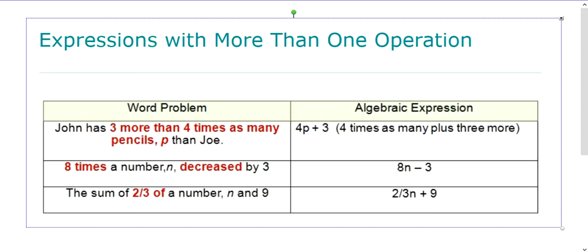Okay, that one's kind of hard, but let's look at this next one here. 8 times a number decreased by 3. So you're going to do 8 times the unknown, the variable, decreased by 3, subtract 3. 8 times the variable minus 3. Okay? So let's take a look at a few practice problems. Some of these are going to require some parentheses, but we're going to look through some of those.